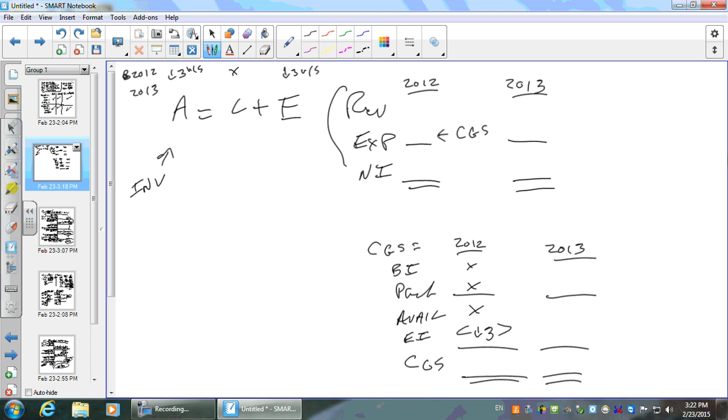How did that happen? If the beginning inventory is right, the purchases are right, the available is right, and you subtract 3,000 too little, what happens to your cost of goods sold? You subtracted too small a number, so what do you have? Too much. You overstated cost of goods sold.